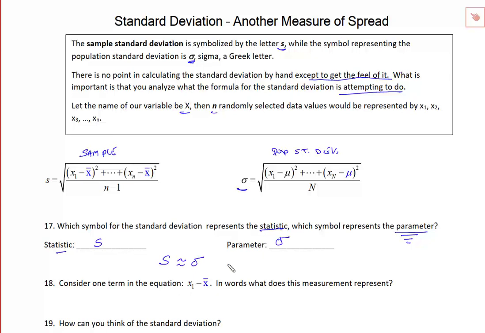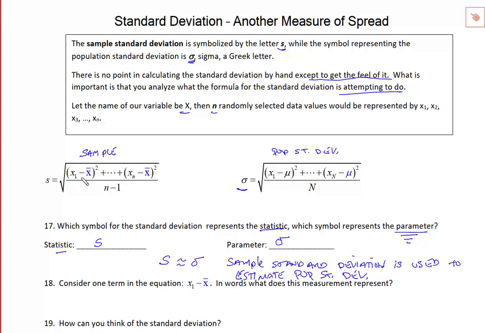So the sample standard deviation is used to estimate sigma, the population standard deviation.